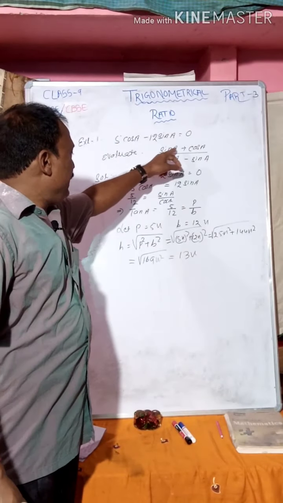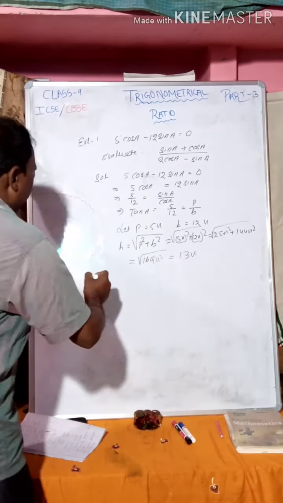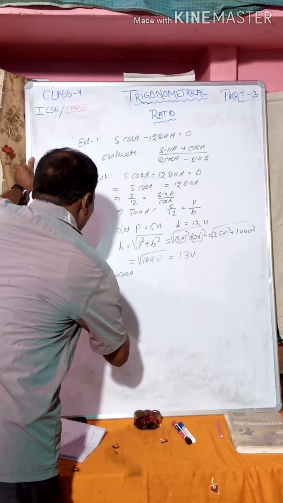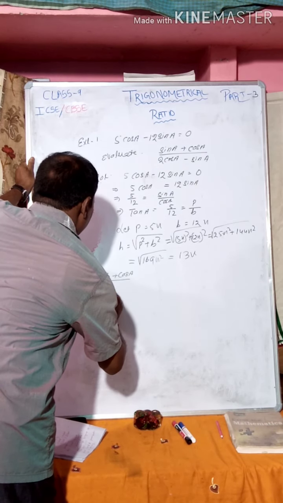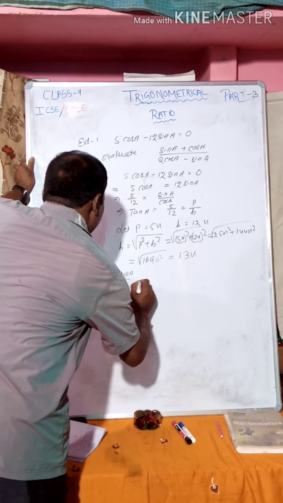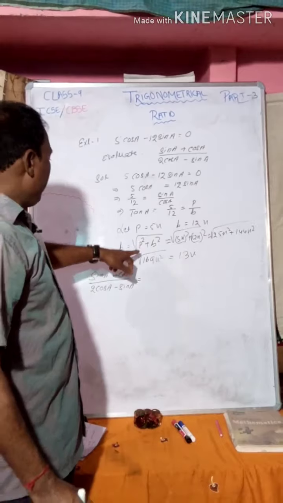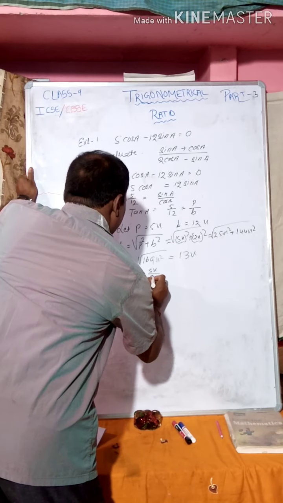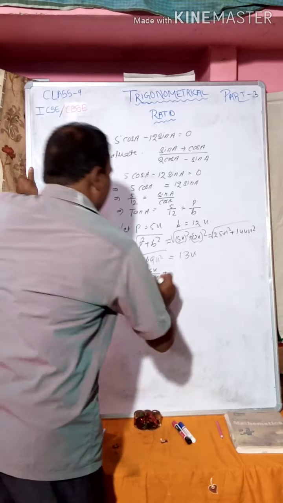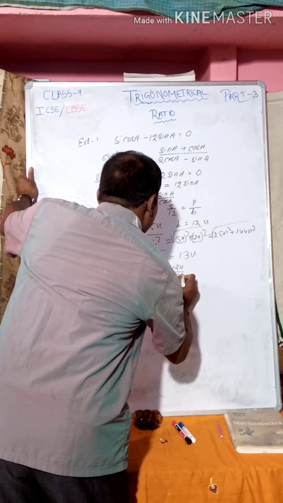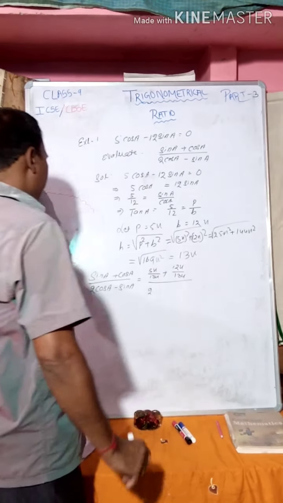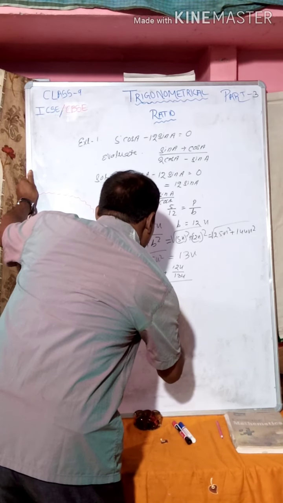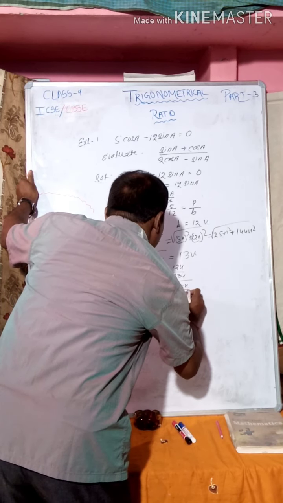Now put the values in sin A plus cos A by 2 cos A minus sin A. Sin A is equal to p by h, that is 5x upon 13x, plus cos A is equal to b by h, 12x upon 13x, whole divided by 2 into cos A, 12x upon 13x, minus sin A, 5x upon 13x.